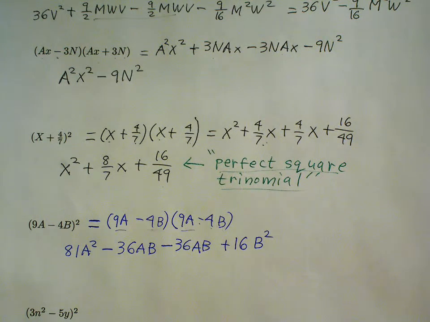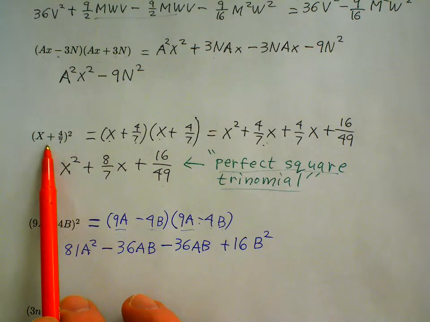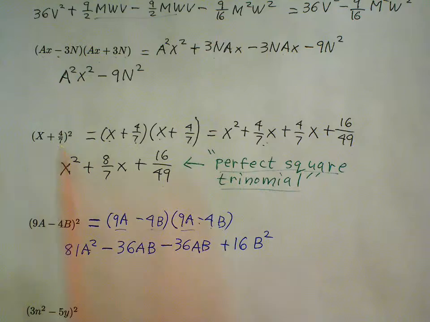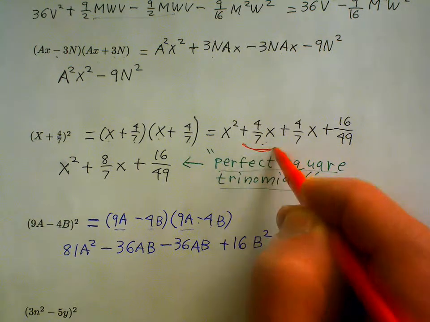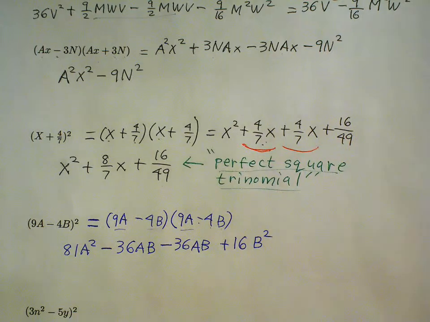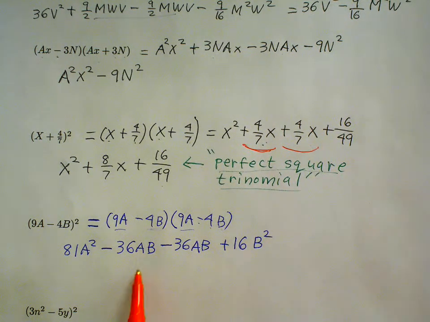Okay, let's make another observation about squaring a binomial. In the previous example, when we squared the binomial x plus 4/7, the second and third terms are identical, plus 4/7x plus 4/7x. The same thing occurs here.